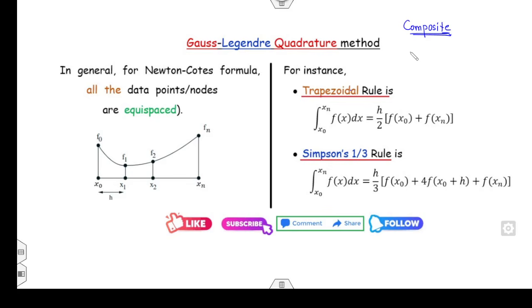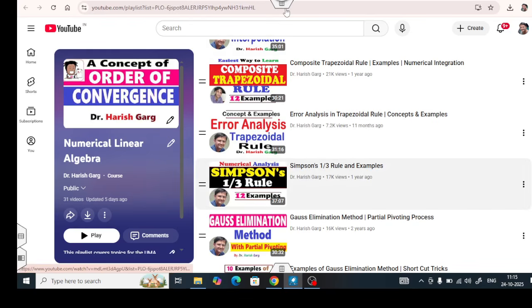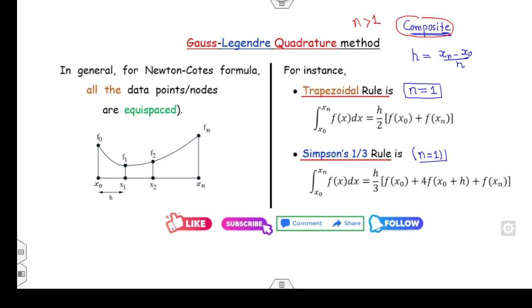In the simple trapezoidal rule, the value of h will be xn minus x0 divided by n. In the simple trapezoidal rule and the Simpson 1/3 rule, n is 1. However, in the case of the composite trapezoidal rule, n must be greater than 1. The same in detail we have discussed and learned in the last 3 lectures. You can watch and learn the concept.